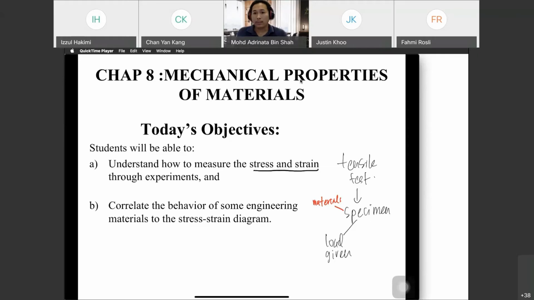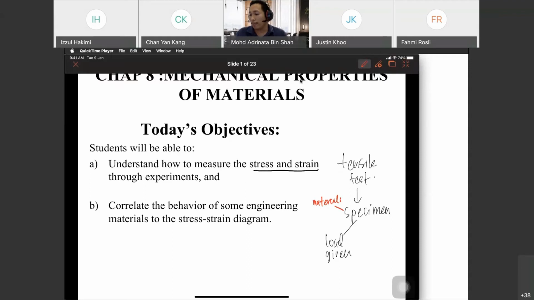So it is different depending on the materials, and then we give the tensile load to the specimen.